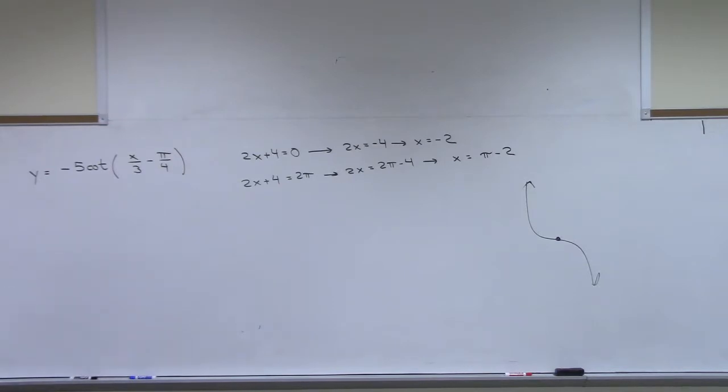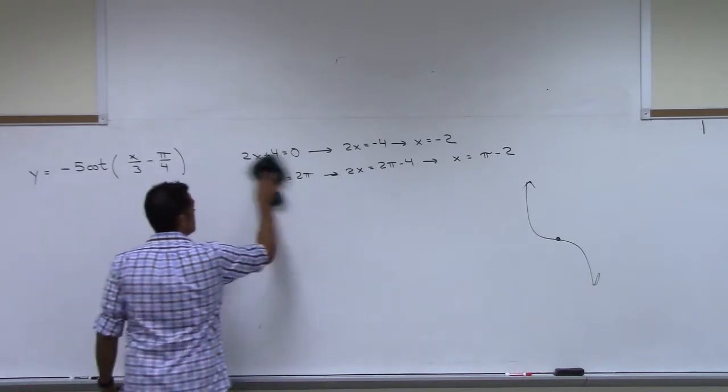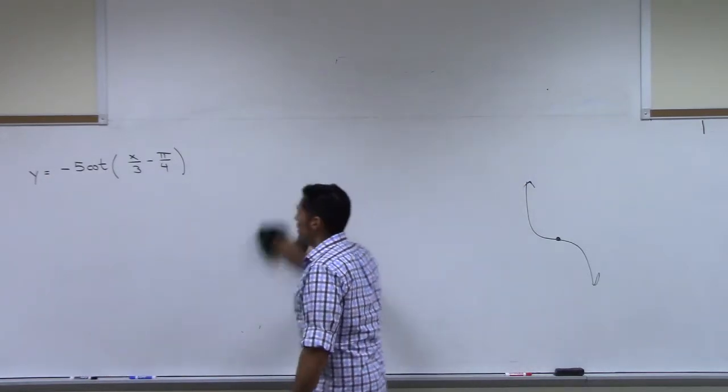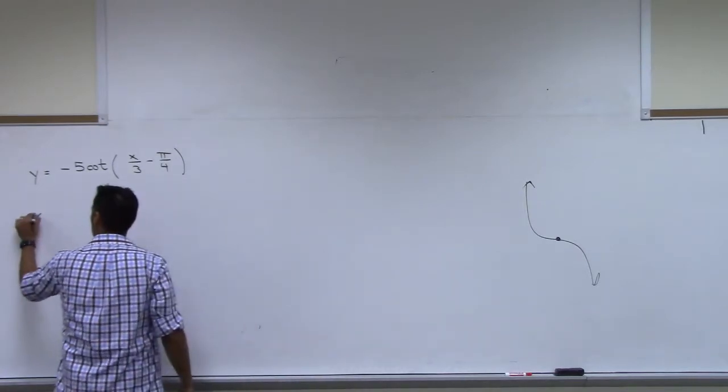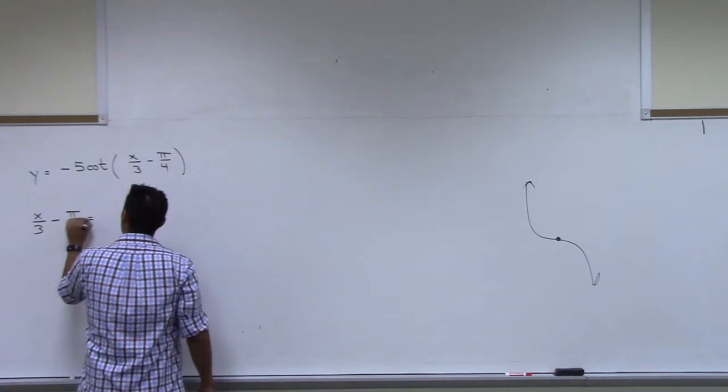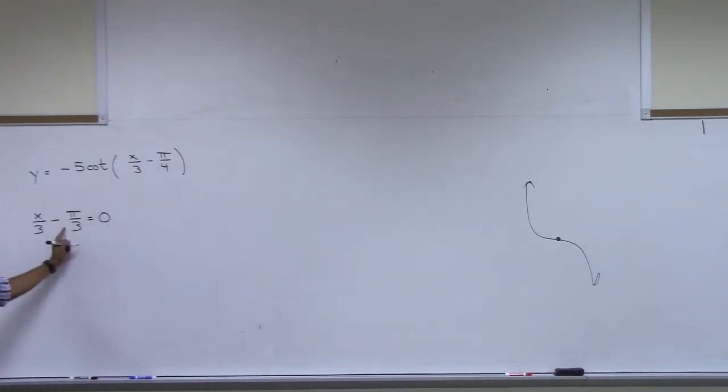What is the process now? Set the argument equal to, for cotangent, what do we set it equal to? That's for tangent. For tangent, it's negative pi over 2 and pi over 2. For cotangent, it's 0 and pi.